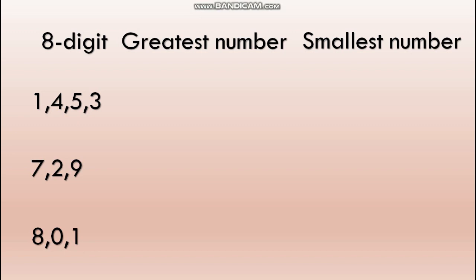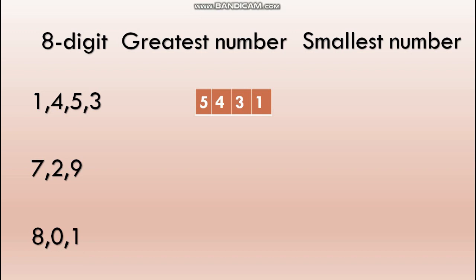As you can see in the first option, there are 4 digits given. So we have to write 4 more. How? First step, arrange the given digits in descending order. Now look which one is the greatest number or the largest number.